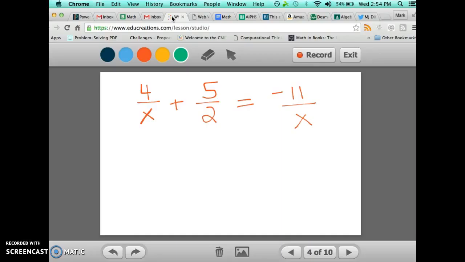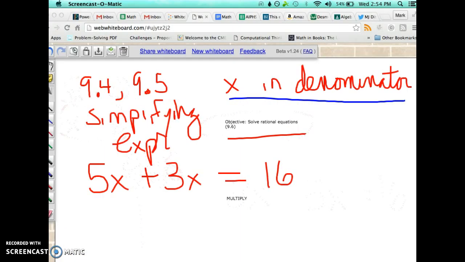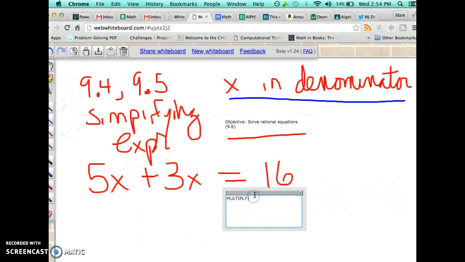Now the suggestion here is to take this step every time when solving these things: multiply both sides by the LCD, the lowest common denominator, which is the same as the least common multiple of the two denominators.